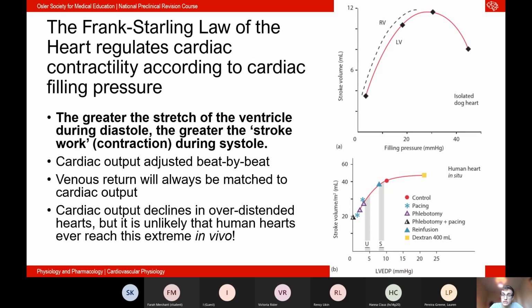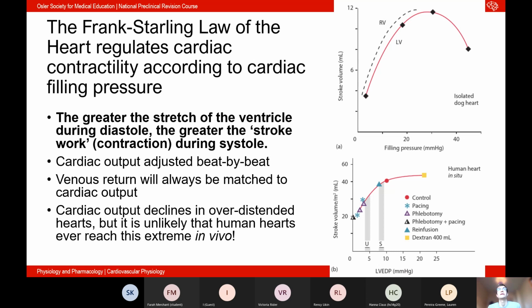And that happens up to a plateau, beyond which the effect peters off, and actually over distension of the heart causes a decrease in cardiac output. Now, it's debatable whether a human heart in your body will ever get to the point where it is over distended, such that the Frank-Starling law fails, if you like.